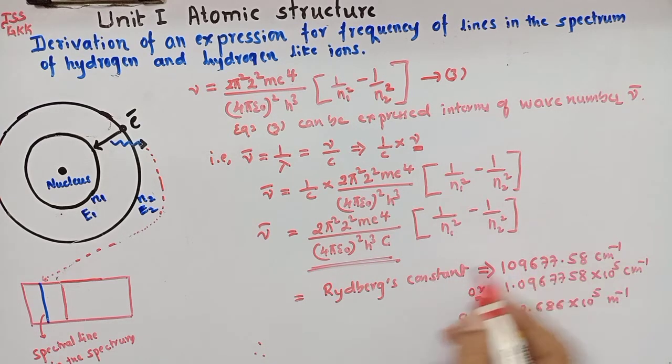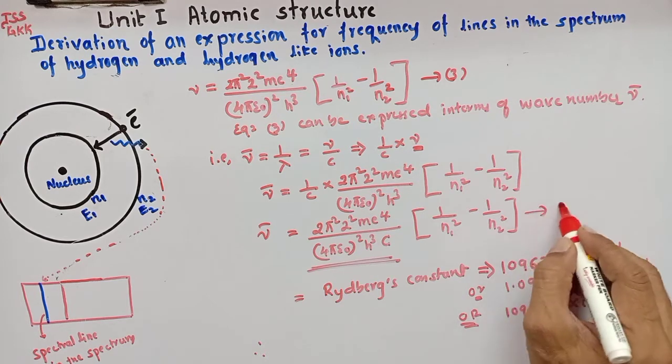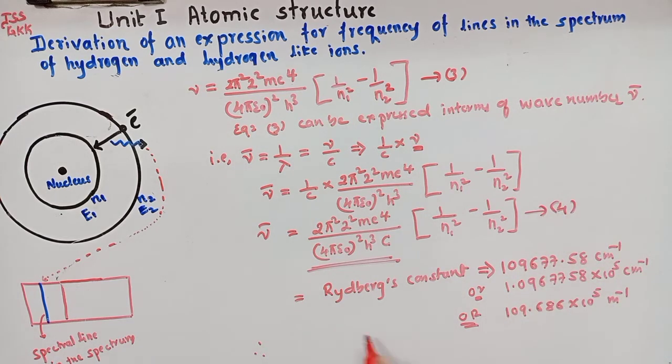Therefore, this equation 4 can be written like this: nu bar is equal to R into 1 over n1 square minus 1 over n2 square. This is equation number 5, you call this one as equation number 5.